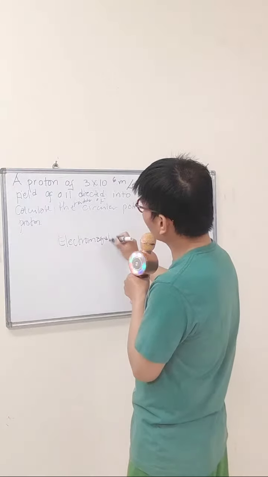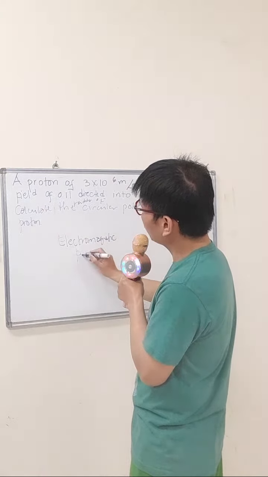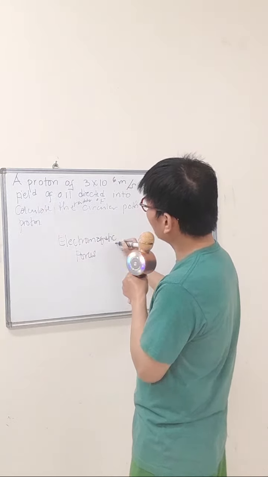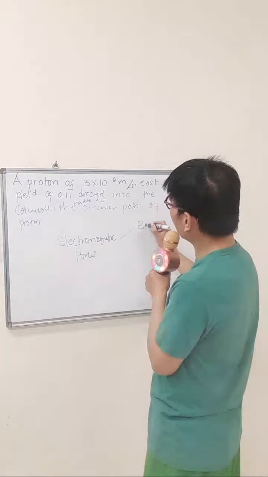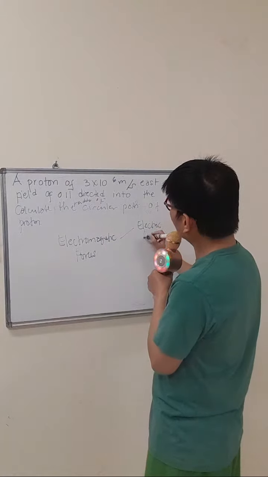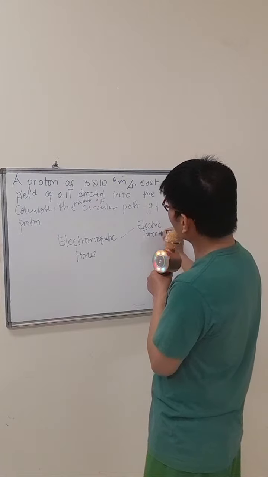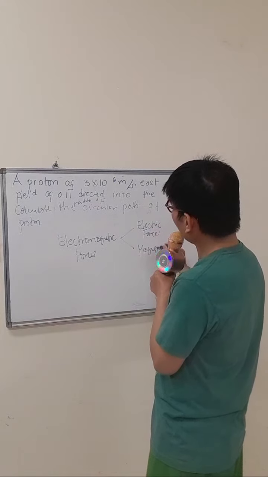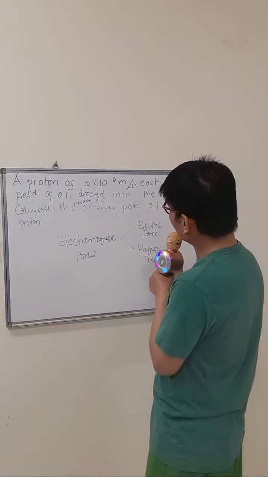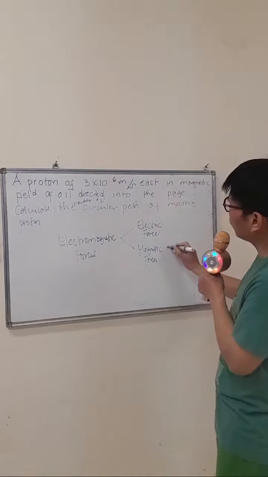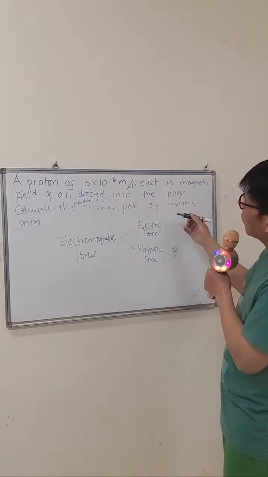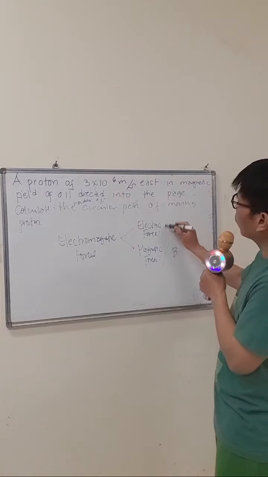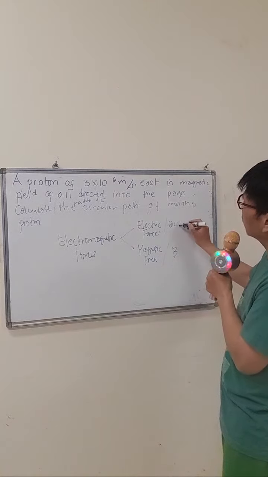Electromagnetic forces are subdivided into electric forces and magnetic forces. Magnetic forces involve the magnetic field B, and electric forces involve the electric field.